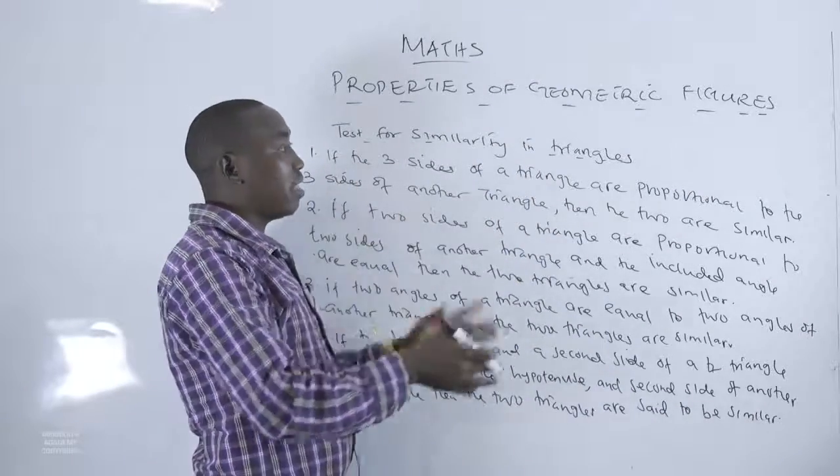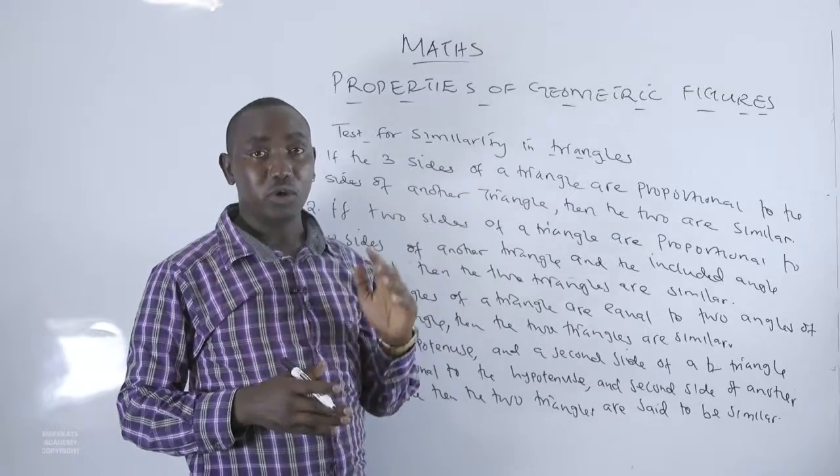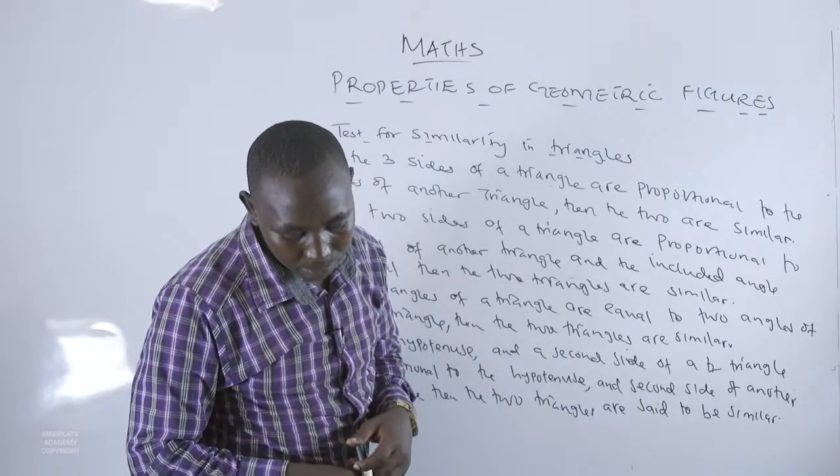So these are the four main critical tests that we normally use to test whether triangles are similar.